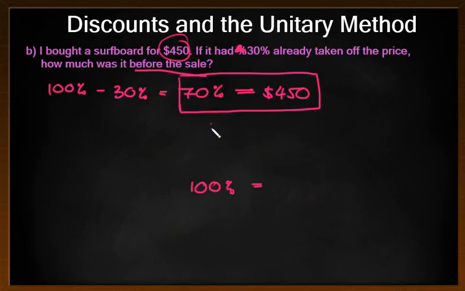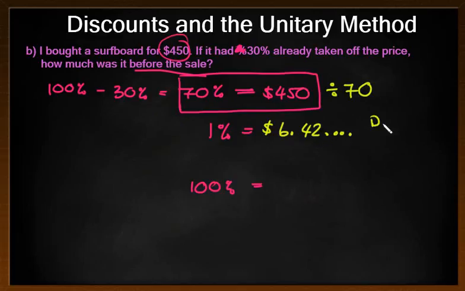So let's use the unitary method. We're going to find out what just 1 unit is, or 1%. How do I do that? Well, we divide it by 70, because 70 divided by 70 equals 1. So 450 divided by 70 equals, again, not a very nice number, $6.42 ellipsis, because it continues.